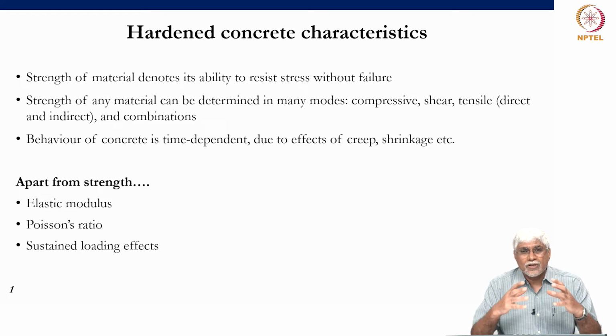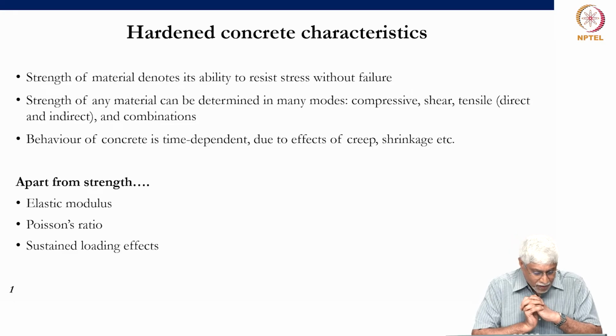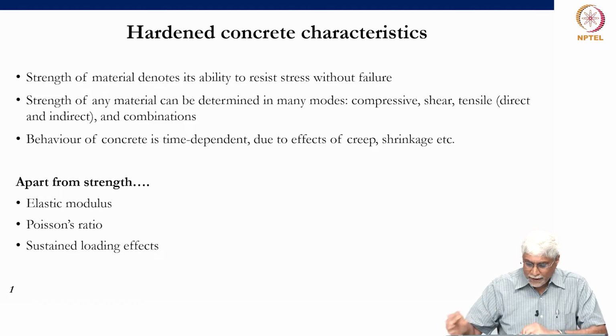So, the Poisson ratio is the transverse deformation relative to the axial deformation due to an applied load. And as we also mentioned, sustained load, repetitive load, fatigue and so on can affect the deformation of the hardened concrete.